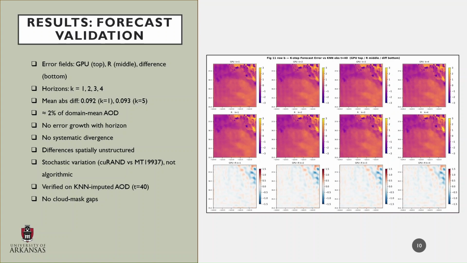We carefully investigated the source of those small differences and traced them to stochastic variation between CUDA's random number generator, cuRAND, and R's Mersenne Twister, not to any algorithmic difference. The forecasts are verified on KNN imputed AOD at t equal 40, and there are no cloud mask gaps affecting the validation. In short, the GPU pipeline is numerically equivalent to R up to random seed differences.